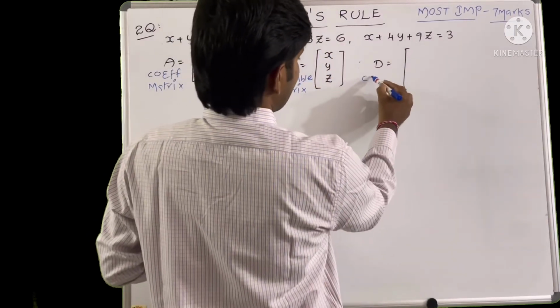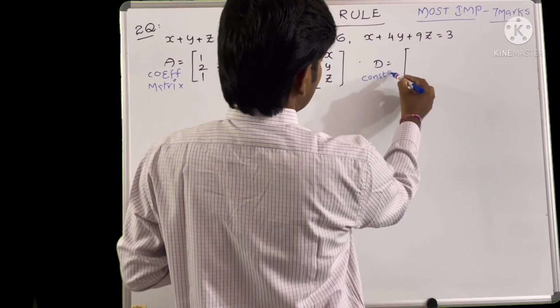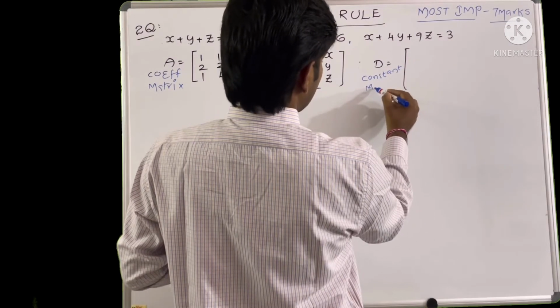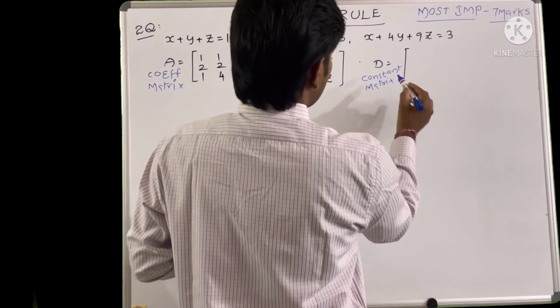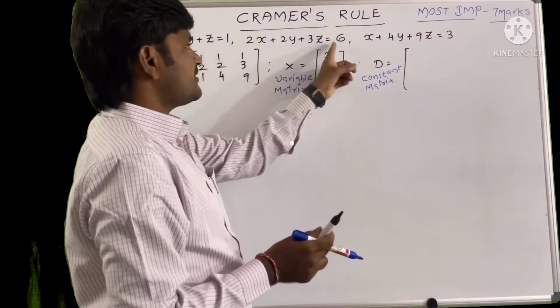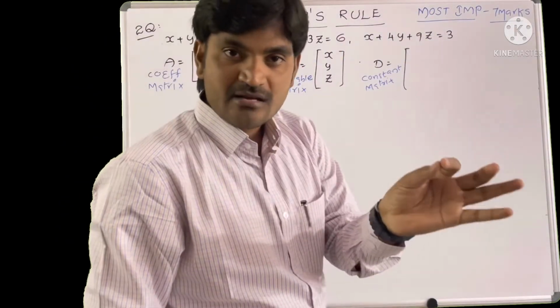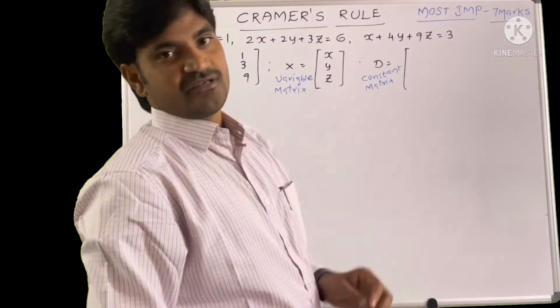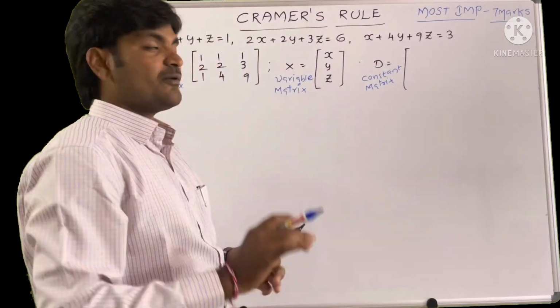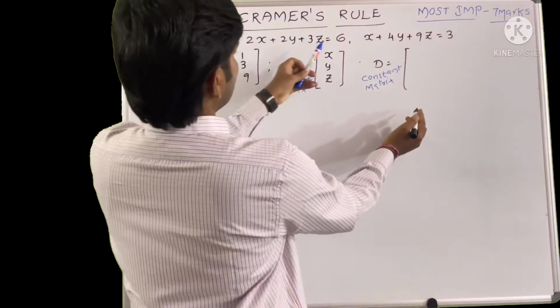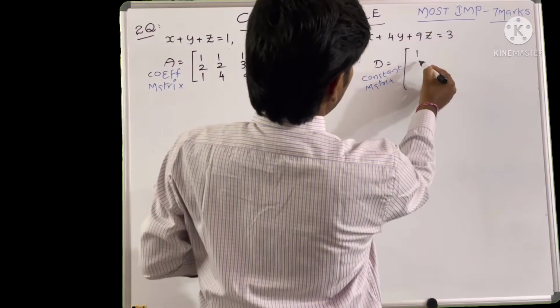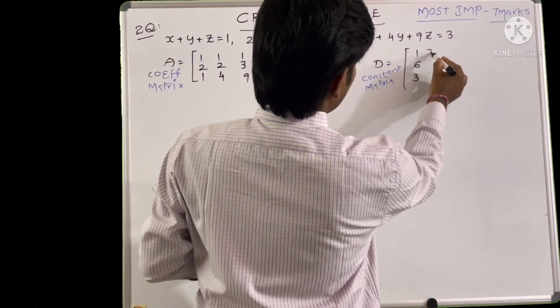The name of D is the constant matrix. So what are the right hand side constants in the given three equations? We write them as a column, that is 1, 6 and 3. This is D.